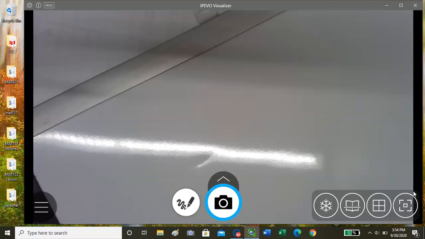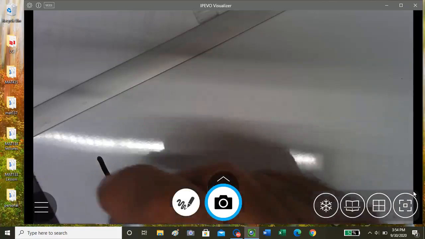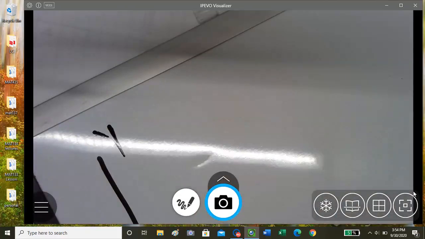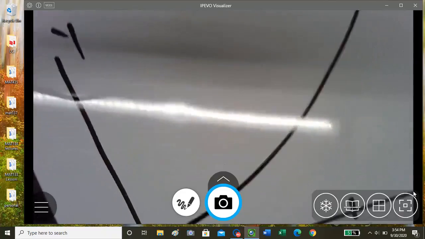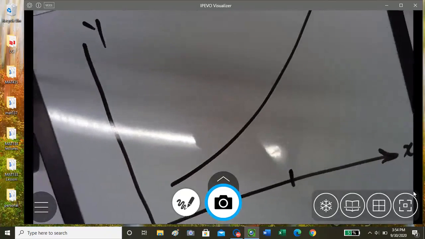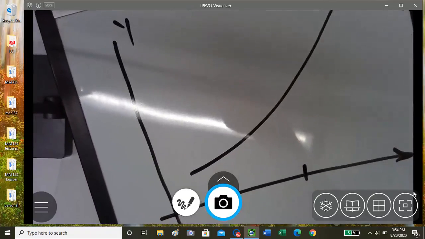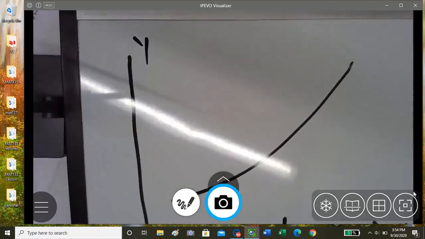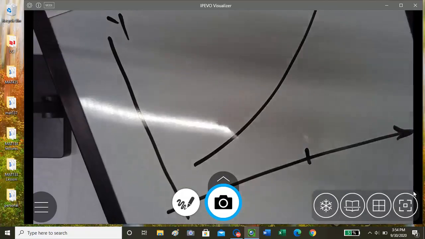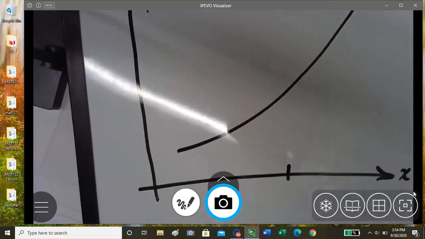Here we have the y-axis, x-axis, and some function that extends up like this.